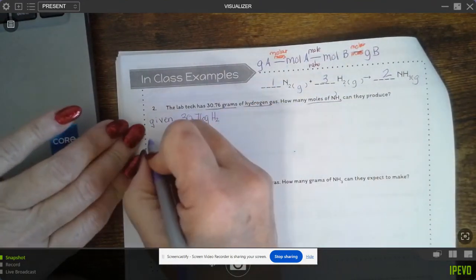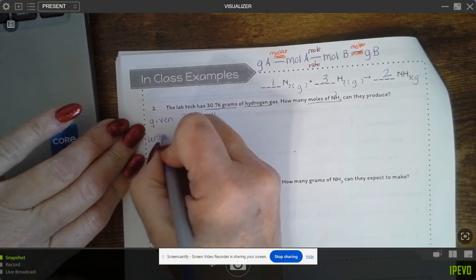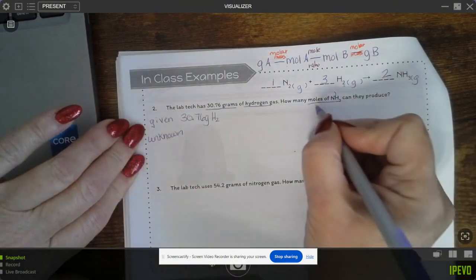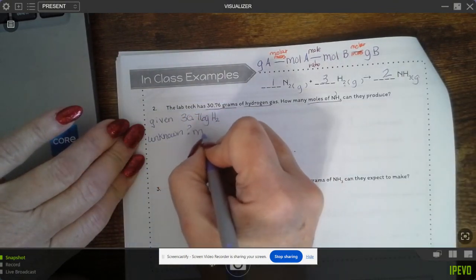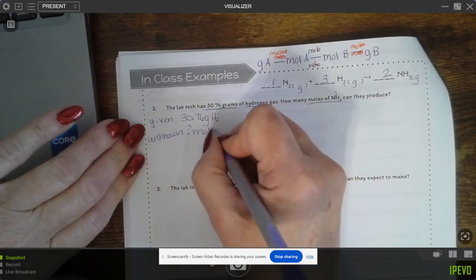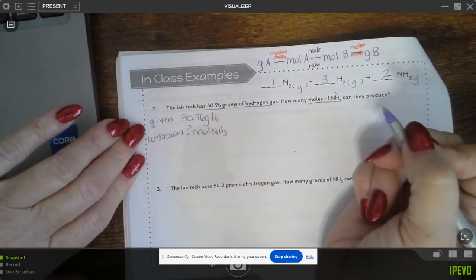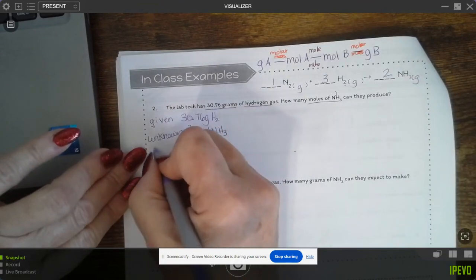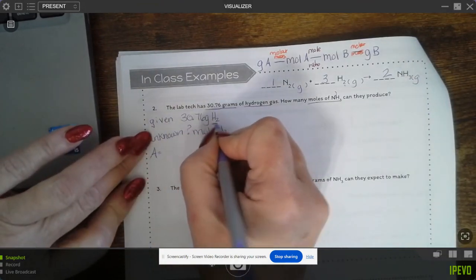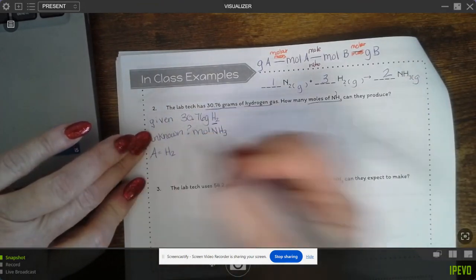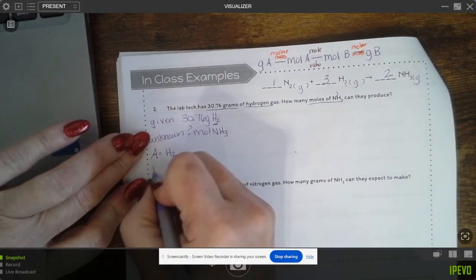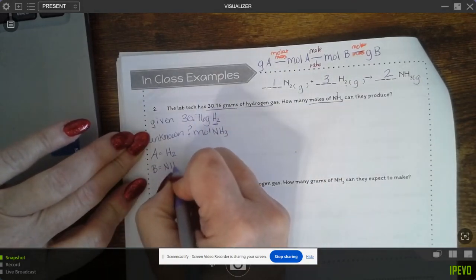All right. And then we're looking for moles of NH3. Again, let's define A and B. A is our given substance, so A is hydrogen. B is our unknown, so B is NH3.